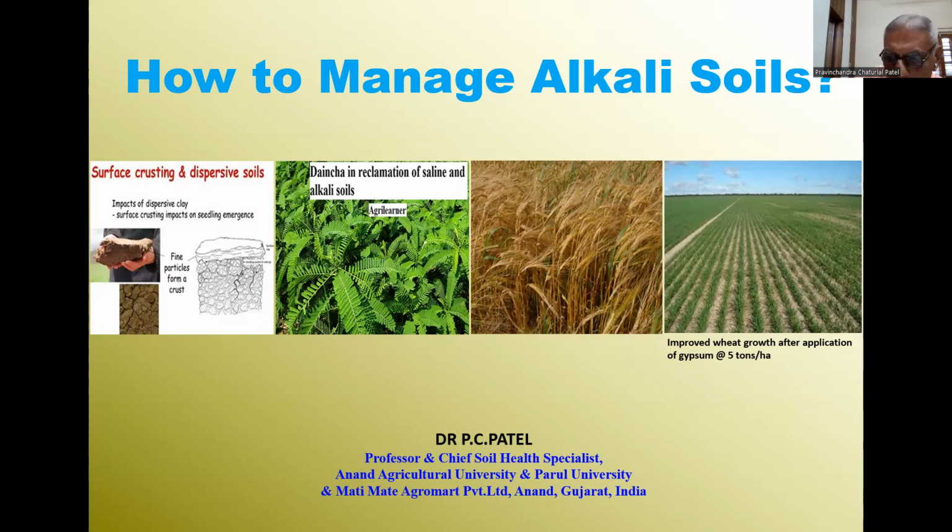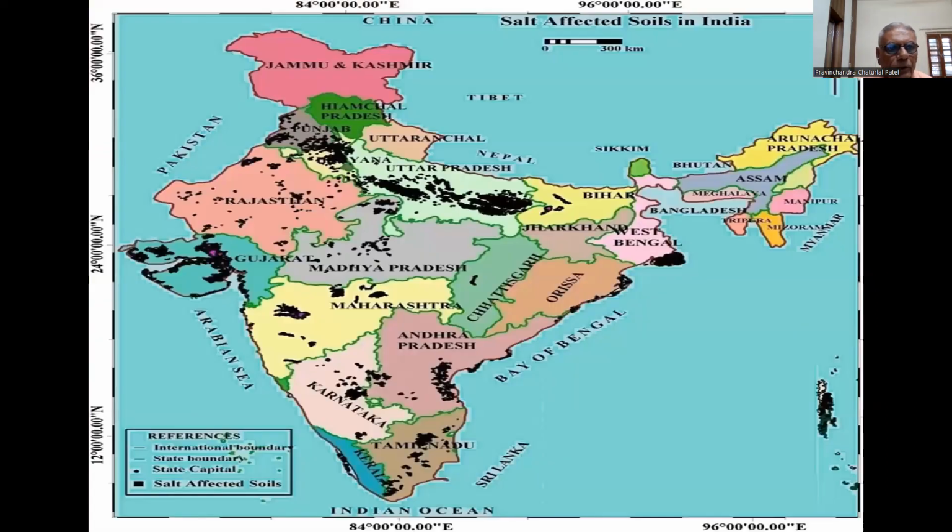Today the topic of my YouTube video is how to manage alkali soil, also known as sodic soil. You can see in India, the black color on the map indicates salt affected soil in Gujarat, Uttar Pradesh, Punjab, and some parts of Tamil Nadu, Andhra Pradesh, West Bengal, and Rajasthan.